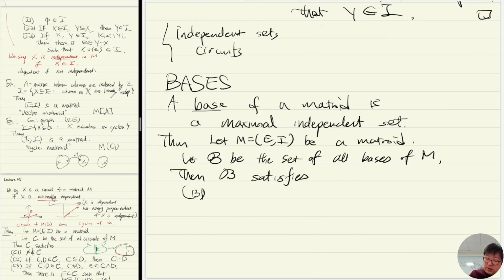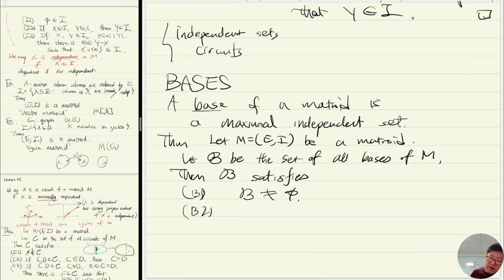First of all, the set of bases is never empty. You must have at least one base, because the empty set is independent. So you start from the empty set, you can grow it. At some point, it will hit a maximal independent set. This is because E is a finite set.